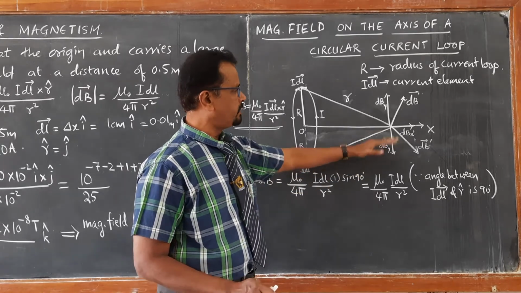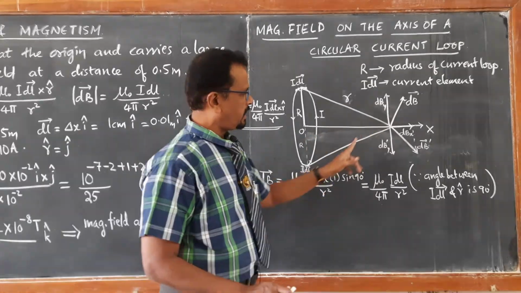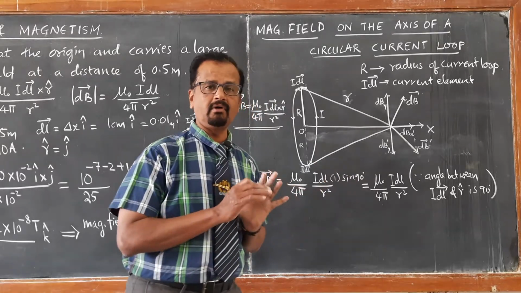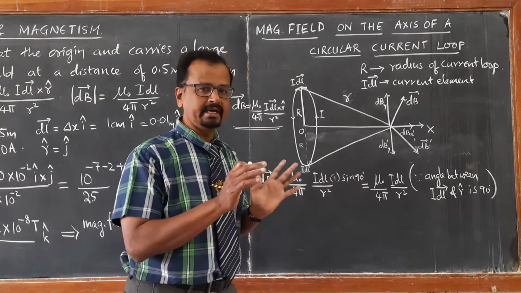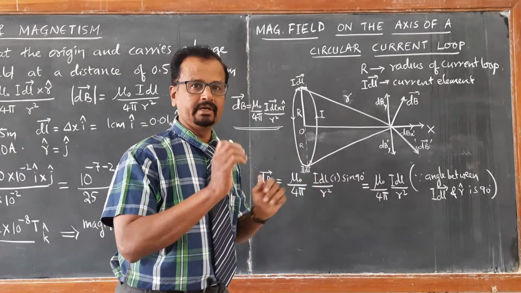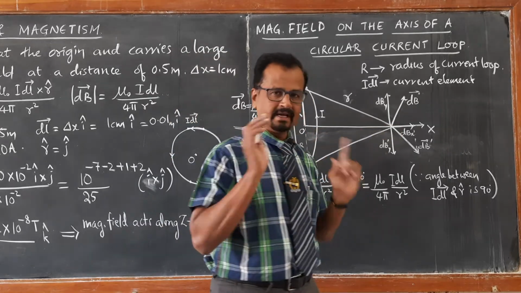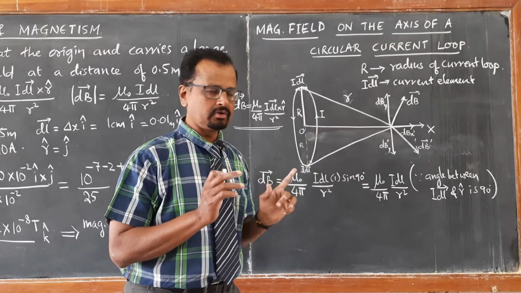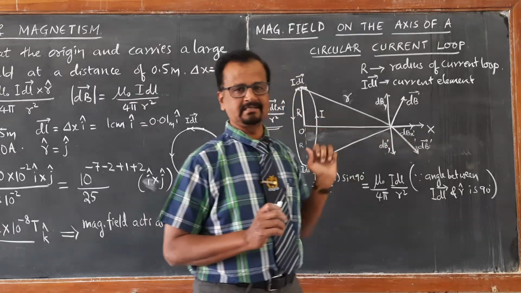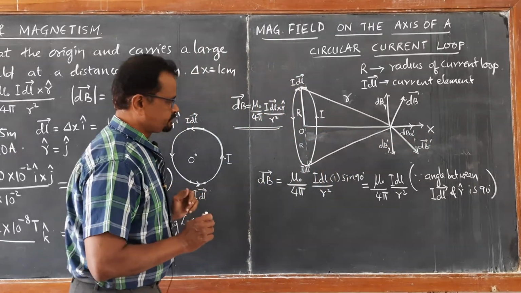So, dBy components cancel each other, and dBx components of all the current elements add together. So, finally magnetic field is contributed only along x axis. This is how we get it, right.